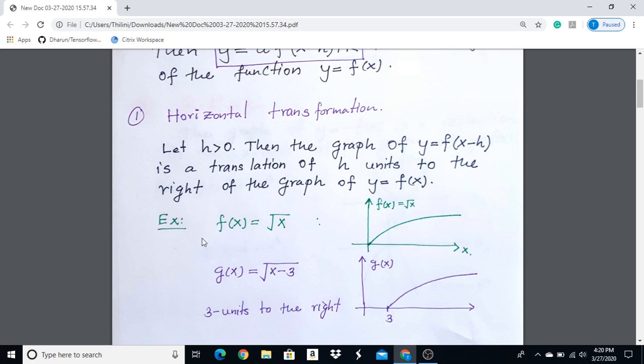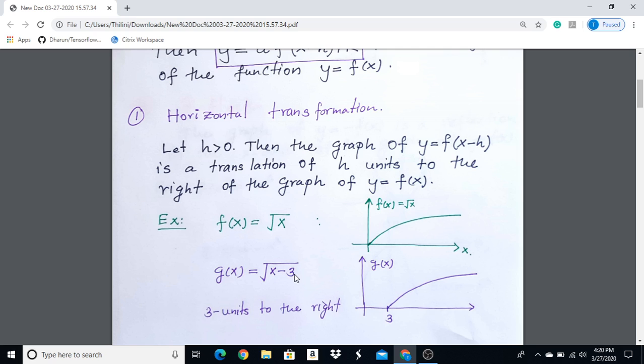You can see that in this example. We take f(x) to be the square root of x. If you draw the graph, it looks like this. This is the parent graph. Now let's consider the new function g(x), which is the square root of x minus 3. Here this 3 is the h value that we used before, x minus h, so h is 3.